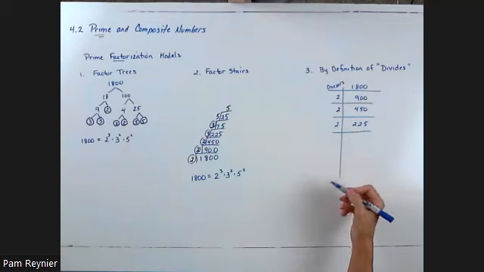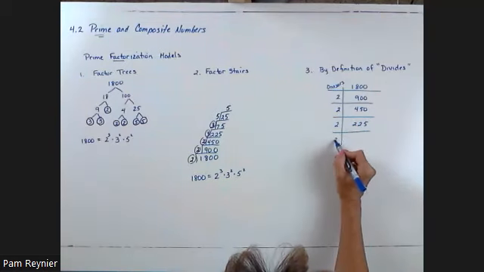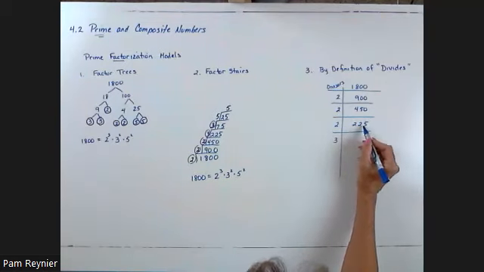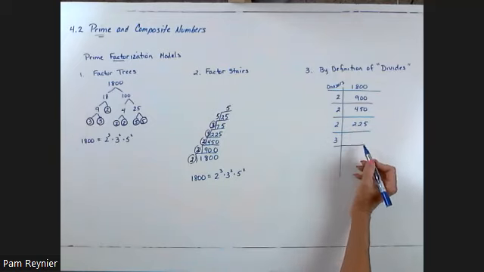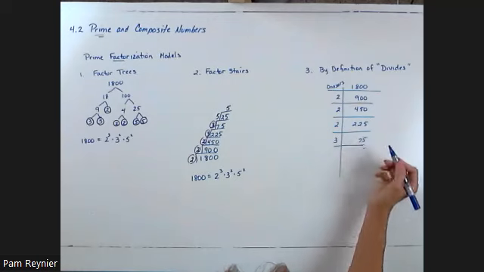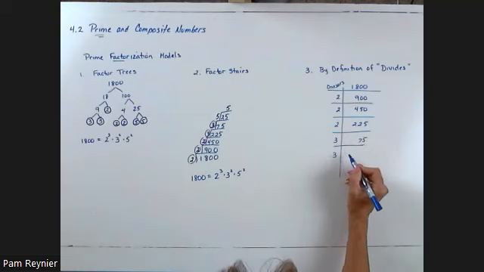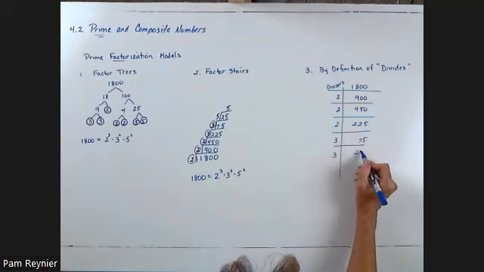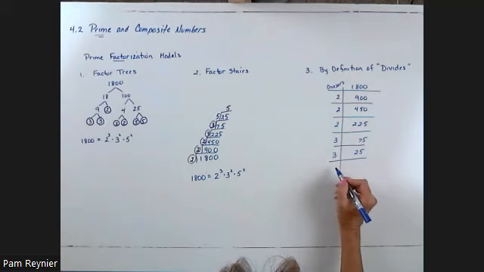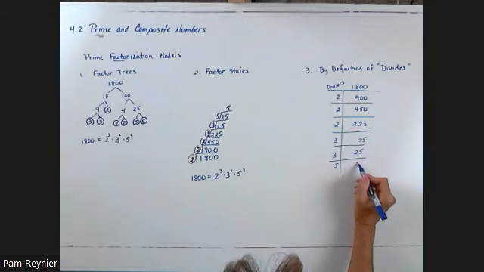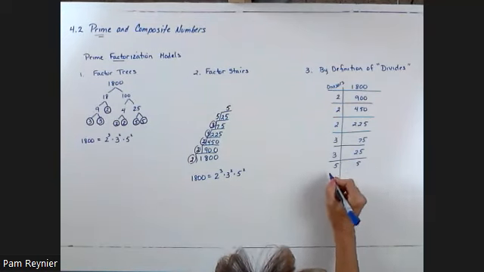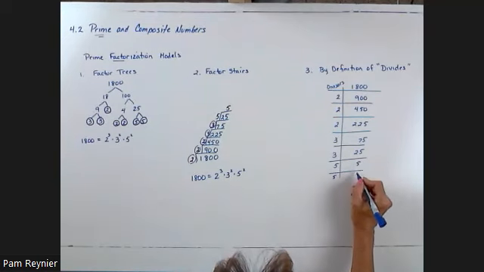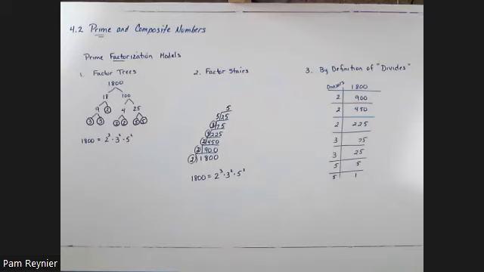And then the same idea, we can go to our next, 3 divides into this because these digits add up to 9. And 3 divides into this 75 times. 3 divides into 75 25 times. 5 divides into 25 5 times. And 5 divides into 5 1 time.